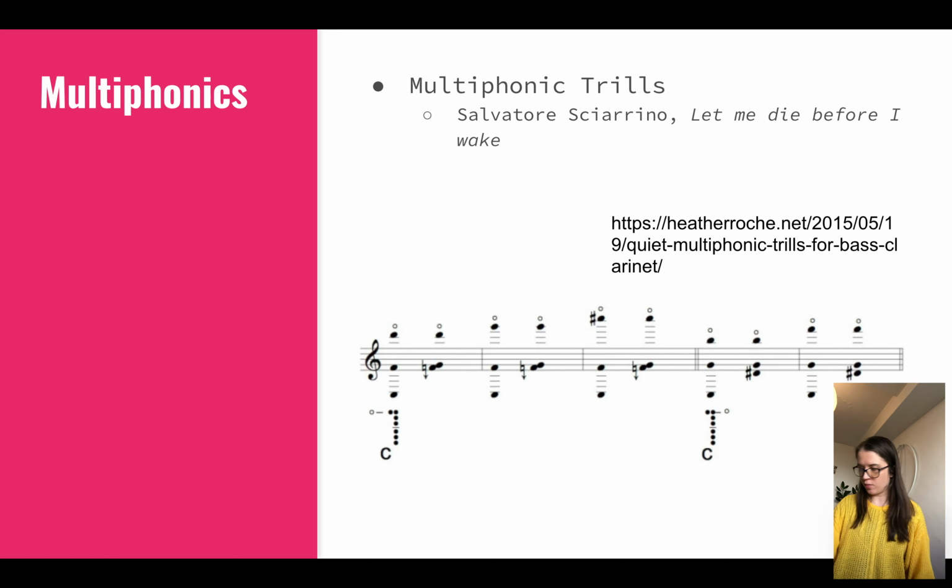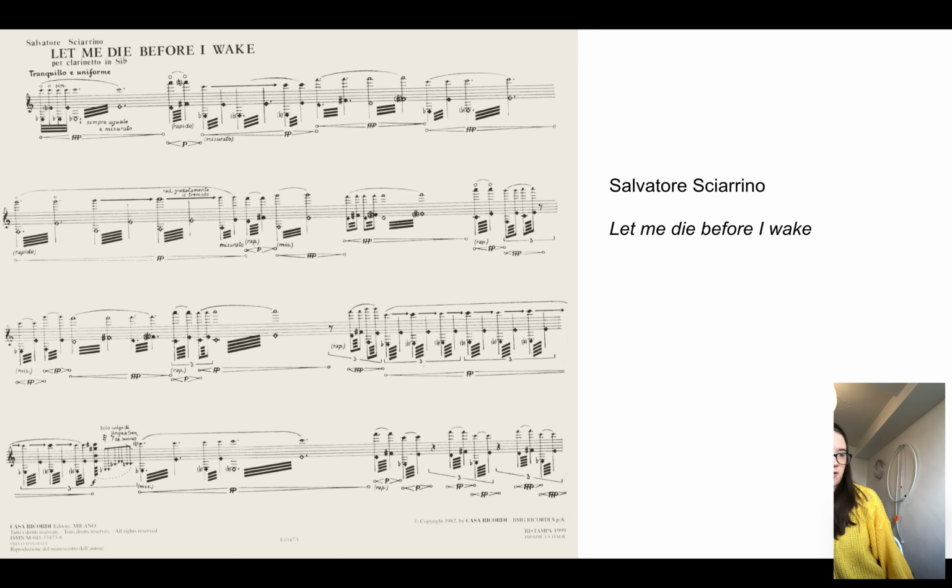So Sciarrino wrote this piece for B flat clarinet. Actually, for the super geeks, he wrote it for a full Boehm system B flat clarinet. So you can see the first note is a low E flat, which I don't have on this instrument, but I can at least give you an idea. And he does some nice things where he puts these arrows to show gradual pitch emerging.